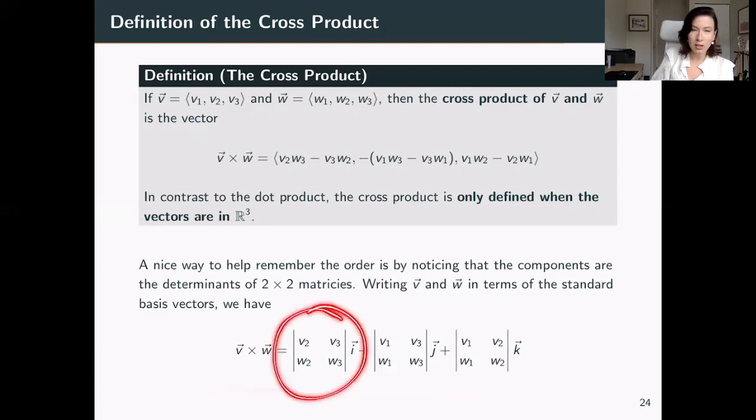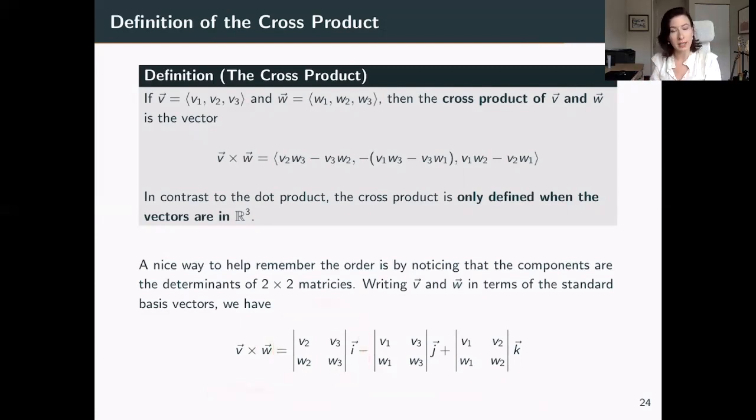This symbol here is what we call the determinant of a 2x2 matrix. For those of you who are familiar, you know that the determinant of a matrix is computed by multiplying across the diagonal, so V2 times W3, minus the other diagonal's product, so we would have minus V3 times W2.